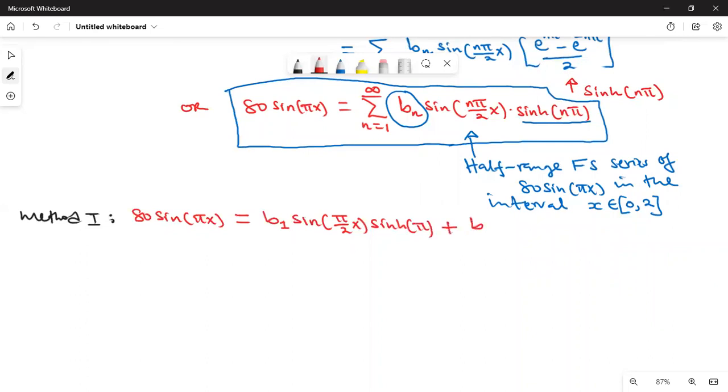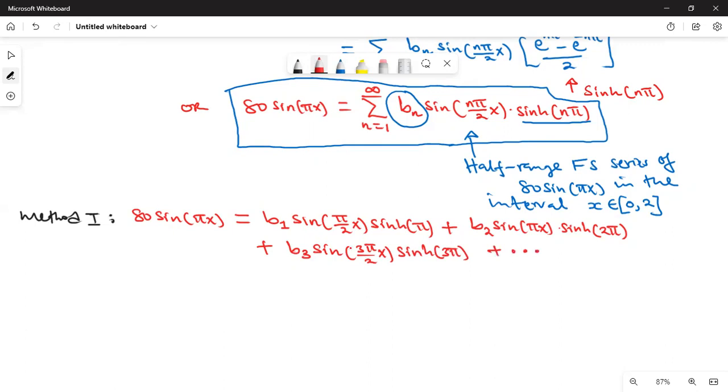When n is 2, we'll talk of b2 sine pi x times hyperbolic sine of 2 pi, plus when n is 3, we'll talk of b3 sine 3 pi over 2 x times hyperbolic sine of 3 pi, plus so many other terms up to infinity.